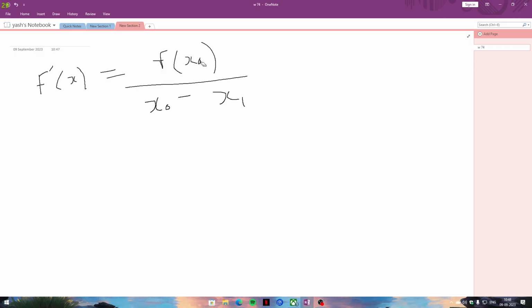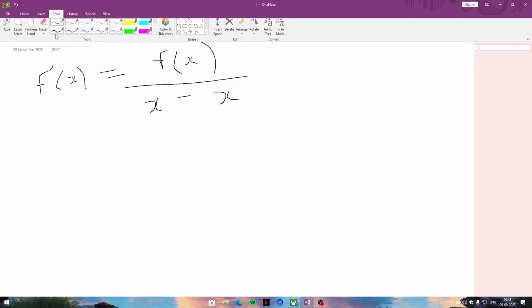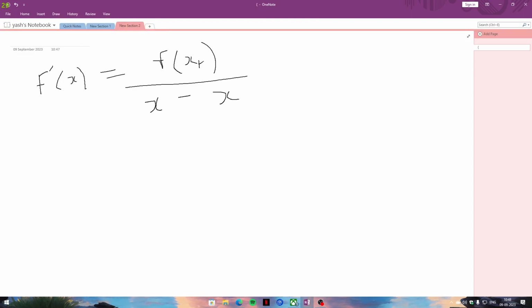I'm going to erase these coefficients and generalize this. I'm going to call this k, and this will be k as well, since both of them were x0. This was 1, so I'm going to call this k plus 1. So we get f dash of x equal to f of xk by xk minus xk plus 1.